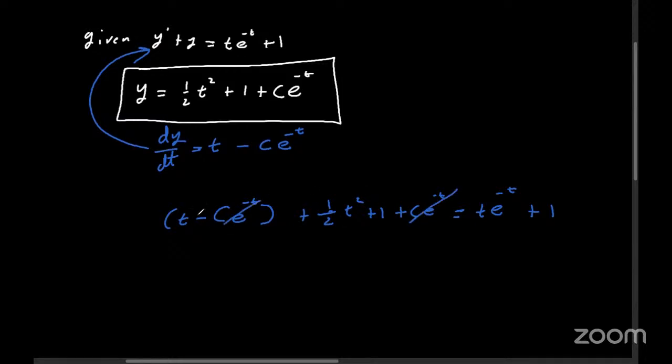And then you get t plus 1 half t squared. Yeah, plus 1. So you got 1 on both sides. That's going to reduce. Yeah. So that's how you would verify that that happens. Okay. That's how you verify that that occurs.